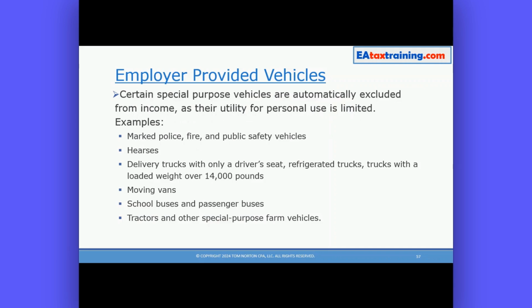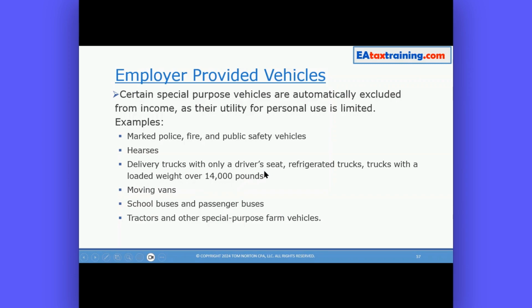Certain special purpose vehicles are automatically excluded from income. So you don't have to worry about any of those rules that we just talked about for these special types of vehicles. And it's because their utility for personal use is limited. So examples would be marked police, fire, and public safety vehicles, hearses, delivery trucks that meet certain requirements.